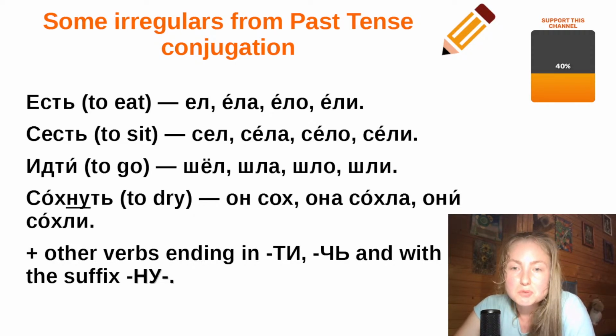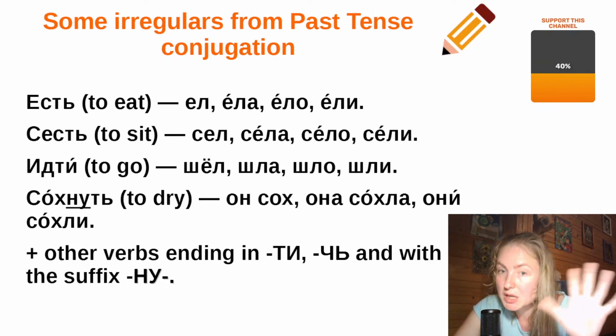So the first verb here is есть, to eat. So есть ends in ть. You remember that ть normally should change into л, ла, ло, ли, but here we produce forms like ел, ела, ело, ели. So the letter с in the infinitive goes away somewhere.